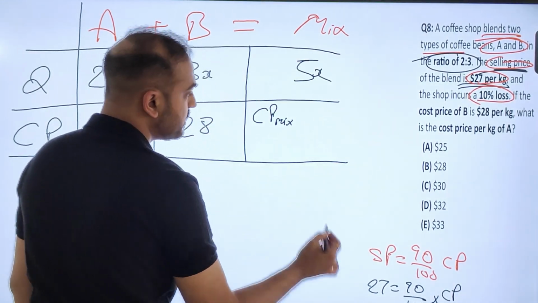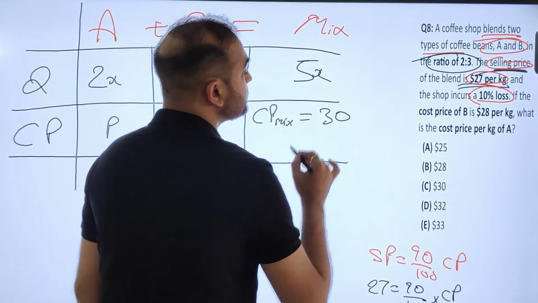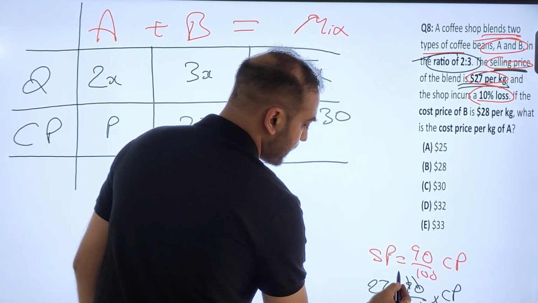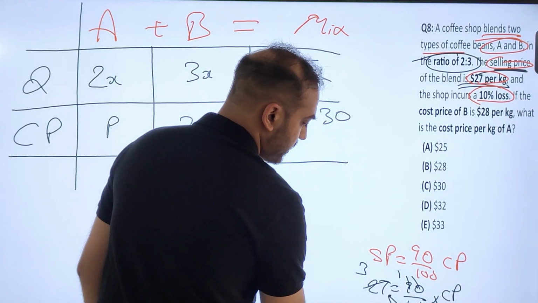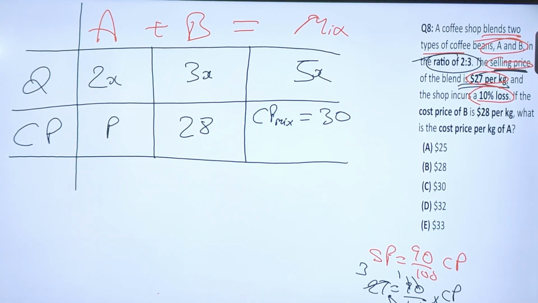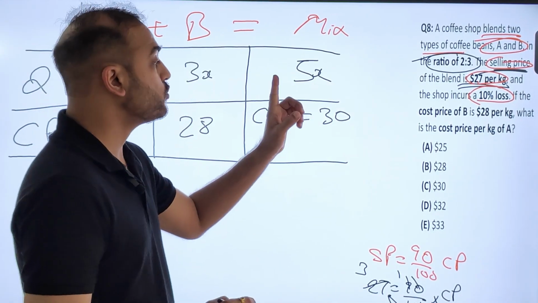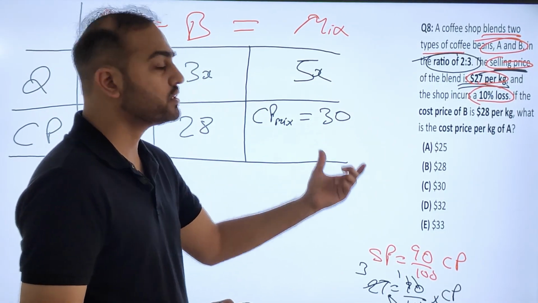If we simplify this, we get cost price as 30. So remember, you can't write 27 here, you have to write the cost price, which is 30.